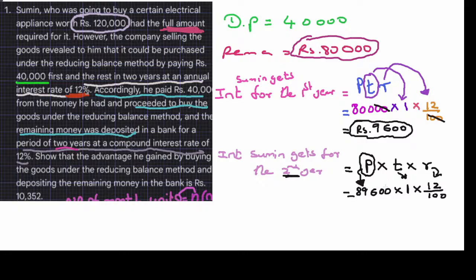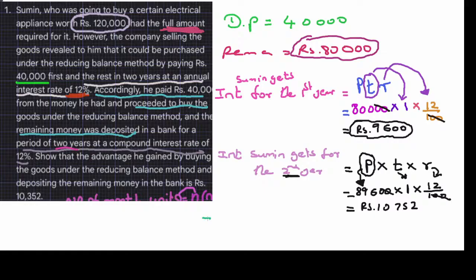So then the 2 zeros here get cancelled with 2 zeros here. Now we have 896 times 12. When we multiply 896 by 12, what do we get? We get 10,752.